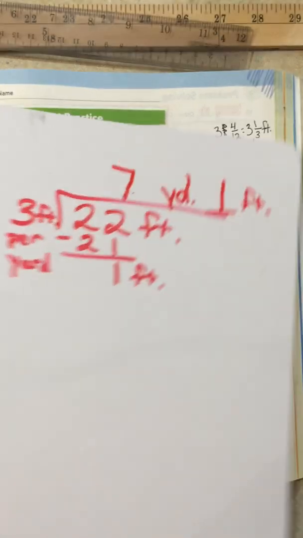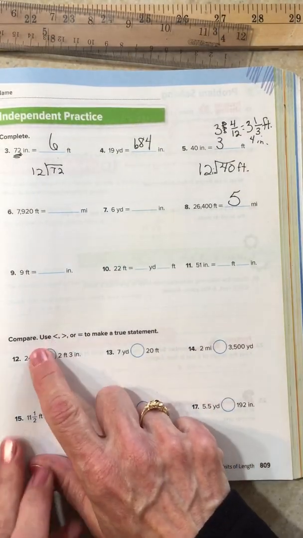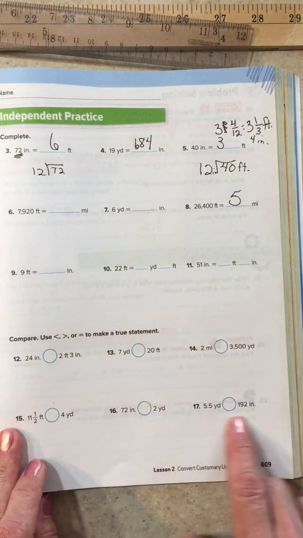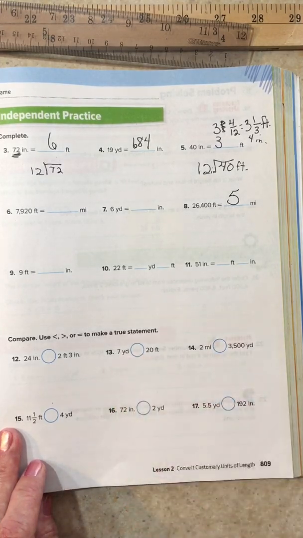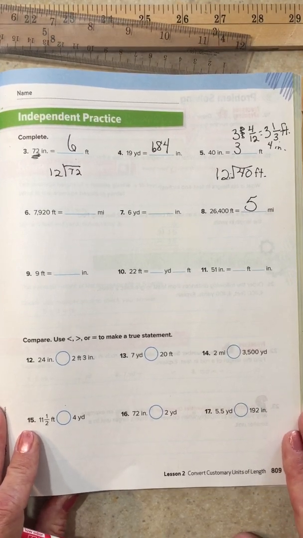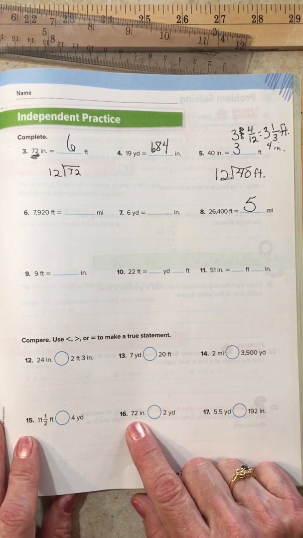Okay, I guess I better do just one more. Let's look down here. If you're trying to compare something that's less than, greater than, or equal to, you need to balance out each side of the equation to be in the same type of measurement in order to compare them. So let's do this one.